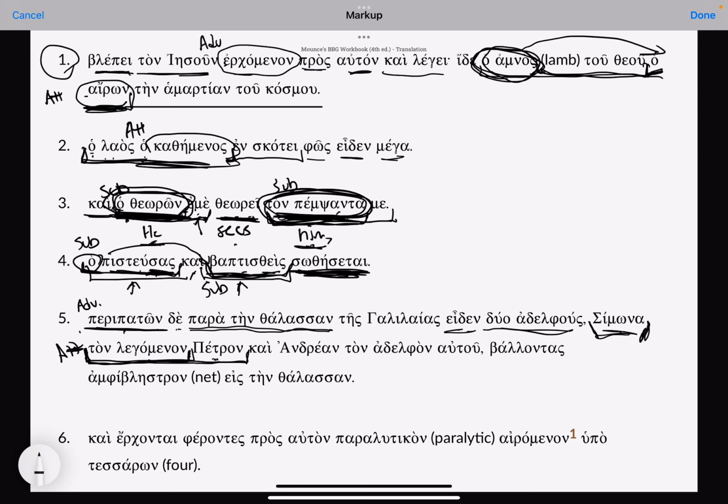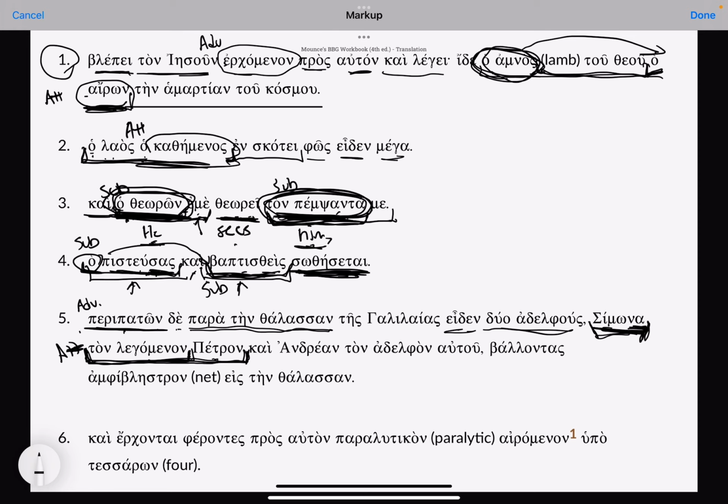Simon ton legomenon Petron. This is a tough one, but we'll call it attributive. If you call it substantival, you could make a case, just because it's harder to see the attributive position. But since this is a proper noun, it doesn't necessarily have, let's see, Simona. Yeah, because this is also accusative there.